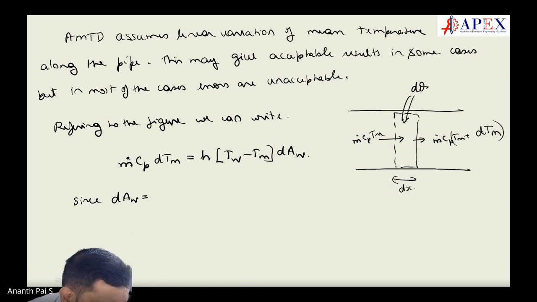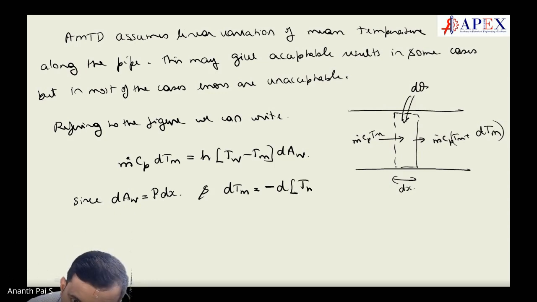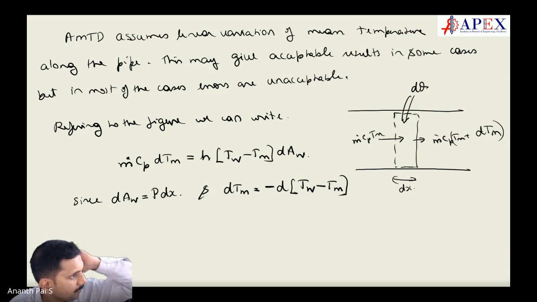Since dAw is equal to P into dx, and dTm is equal to minus d of (T wall minus T mean). It's just mathematical: when you differentiate, you get dTm.